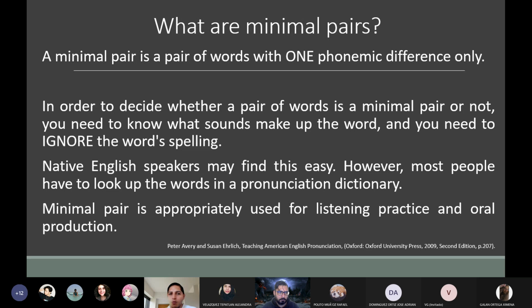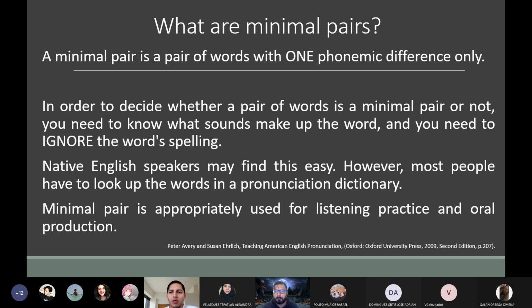It's very useful. Native English speakers might find doing this very easy. But for us foreign language learners, well, it's a little bit more complex and we need to look up the words in a pronunciation dictionary or, you know, in a dictionary where you can see how to pronounce it.